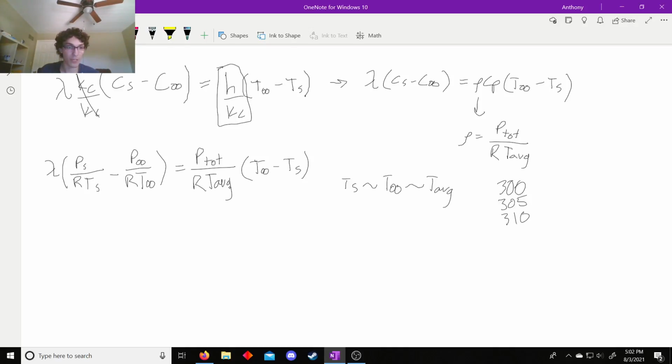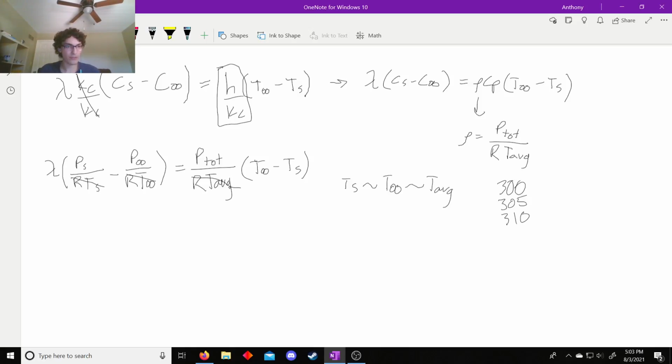And because of that, we can cancel this, this, and this. So they're not exactly the same, but this is just a simplification that we're going to be using to make the problem simpler. Now, we're not going to do that for this temperature here and this temperature here, because if we were to do that, it would be equal to 0, and then there would be no point to this. So we're still going to keep these as they are.